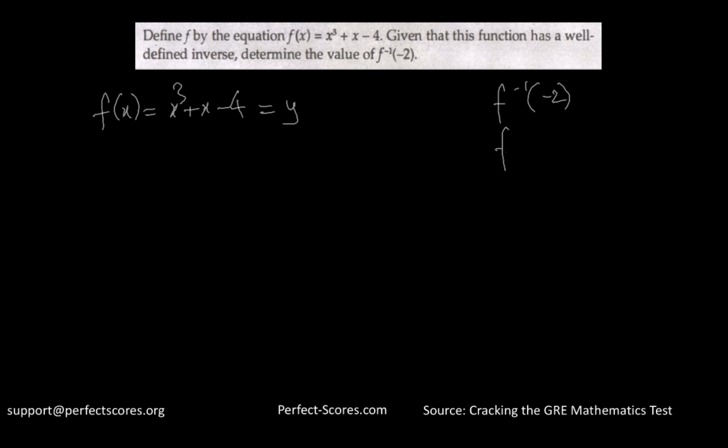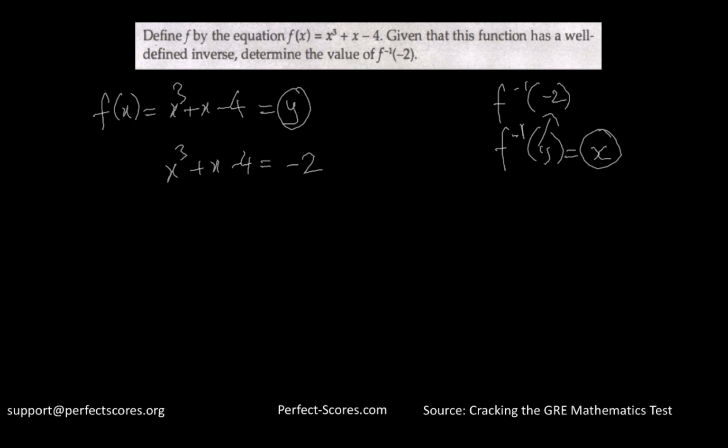So if you go back to what I discussed, I said f inverse of y is equal to x, isn't it? So your value of y should be negative 2, and your value of x is something that you need to find, right? So that means x cubed plus x minus 4 should actually be equal to negative 2.